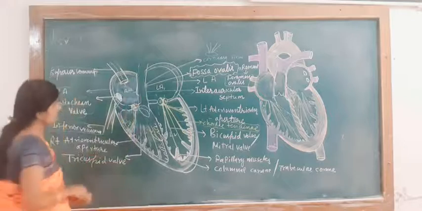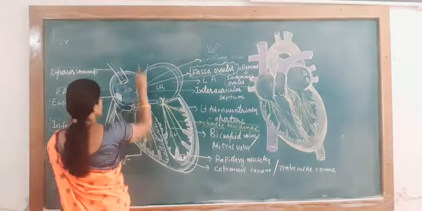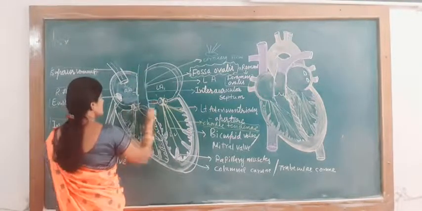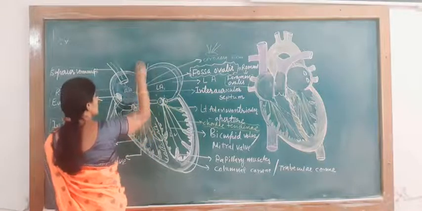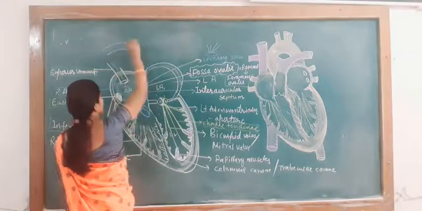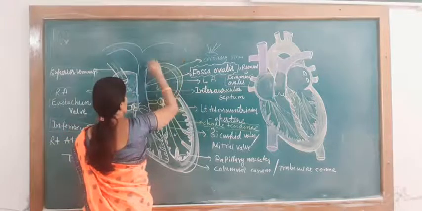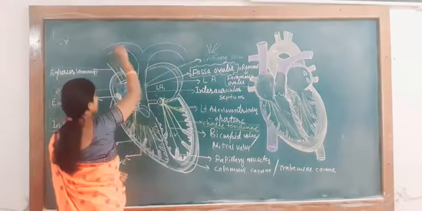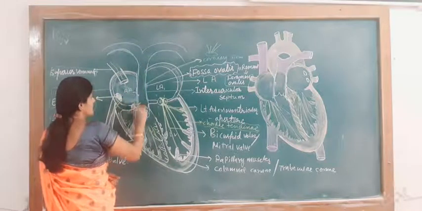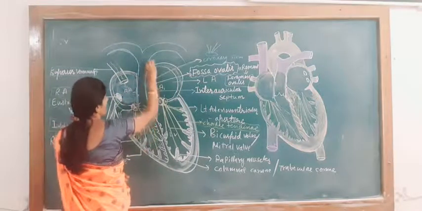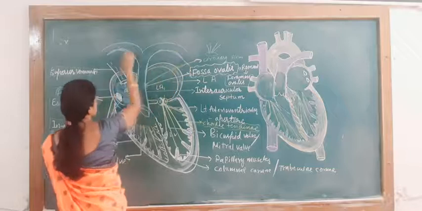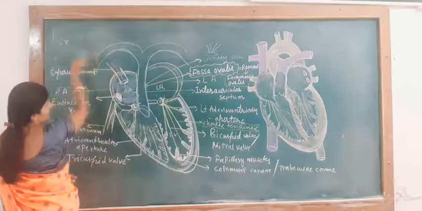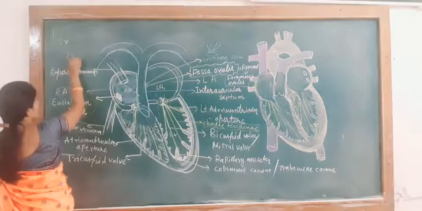When it goes up, it gets bifurcated. This is the pulmonary aorta, which is carrying the deoxygenated blood towards the lungs. Here the right lung, and here the left lung.